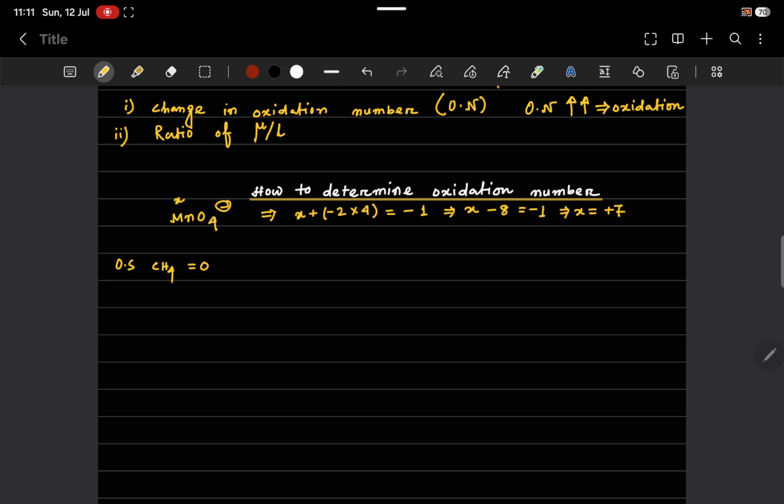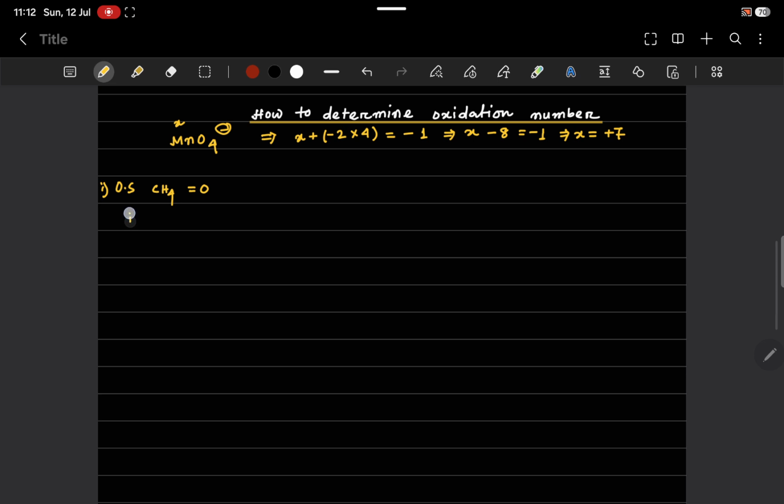I think you have already understood. The oxidation state is increased by 1 if a hydrogen atom is replaced by a more electronegative atom.